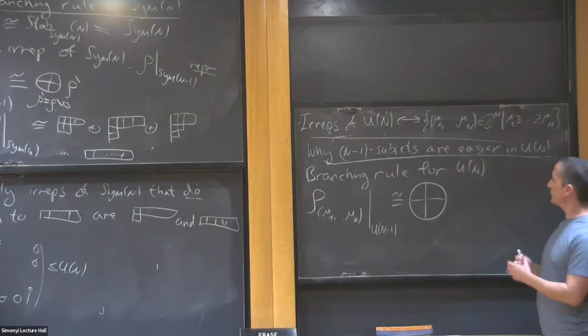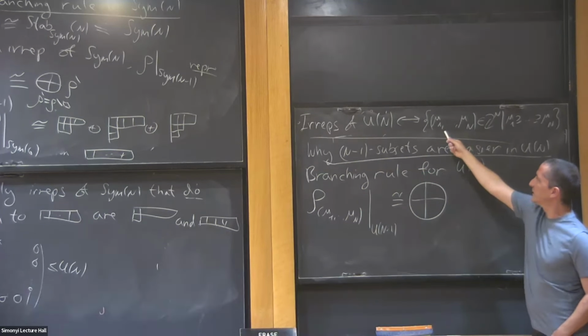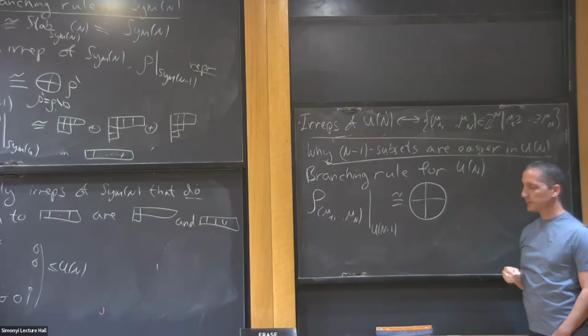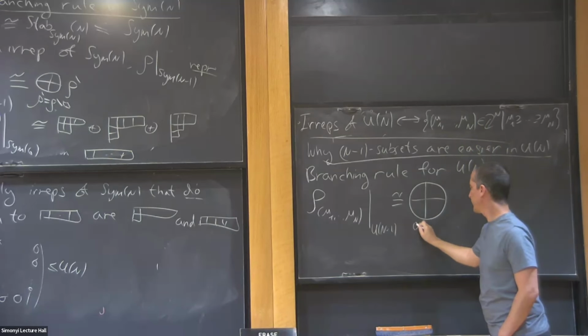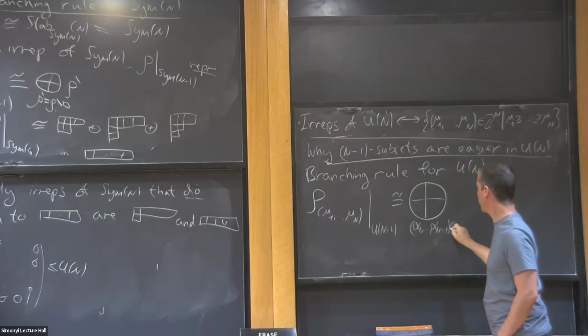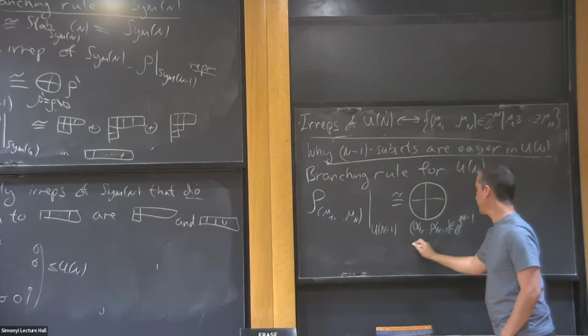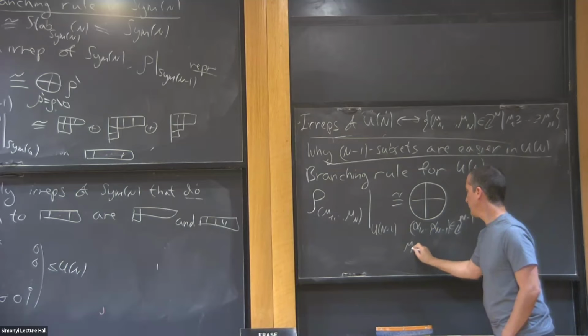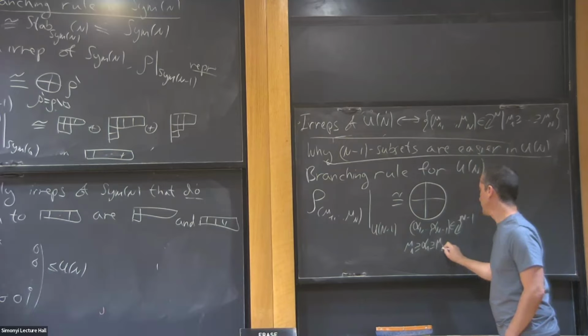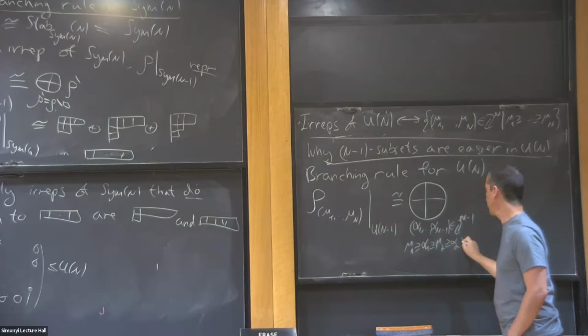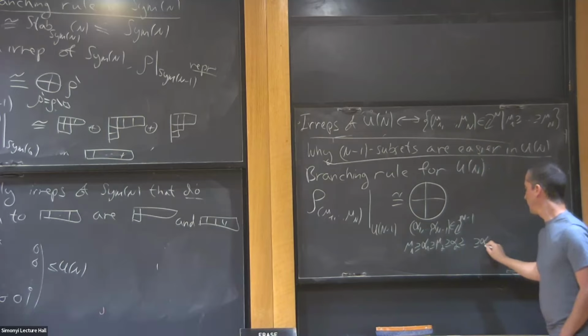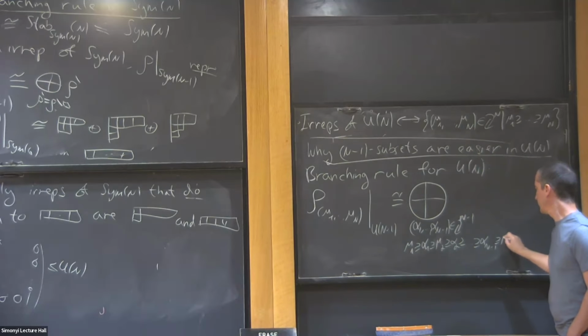And it turns out that these vectors are all the weights that interlace this one. So it's a sum over, let's say, alpha 1 up to alpha n minus 1, such that mu_1 is at least alpha_1, which is at least mu_2, which is at least alpha_2, and so on, down to alpha_{n-1} at least mu_n.